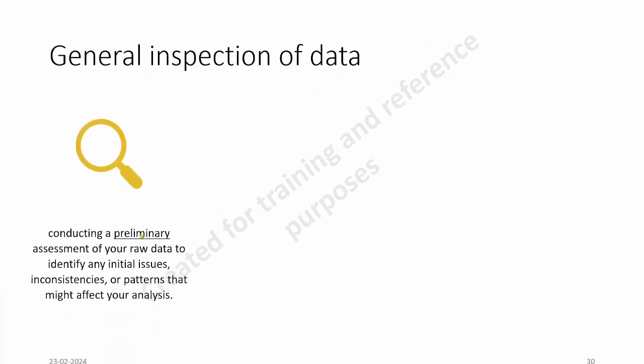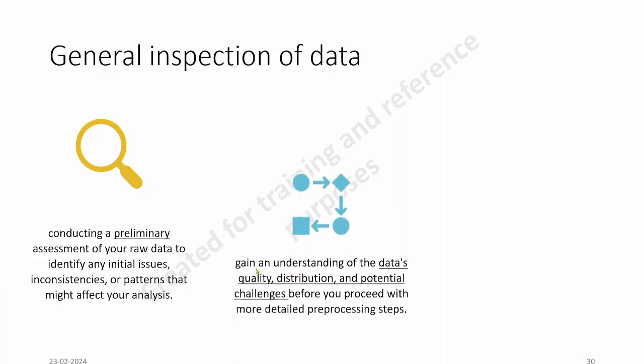What are the methods available and why do we need to do so? It is for preliminary assessment or understanding of the data, just to identify if there are any initial issues with the data, like inconsistencies, timeliness issues, or any pattern which can affect the analysis of our data.